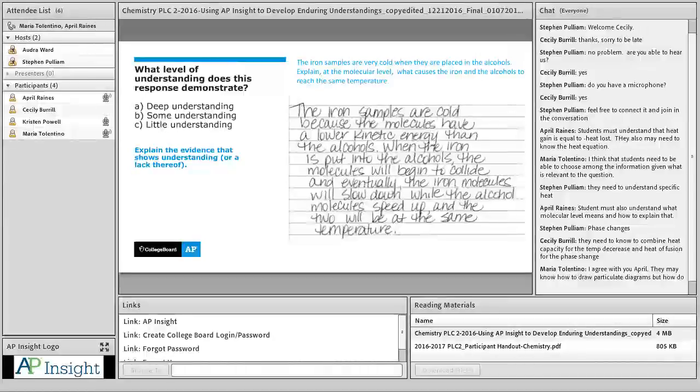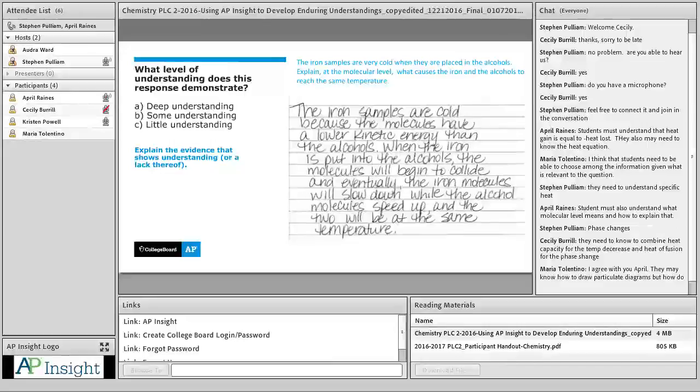It is as if the student has the perception that if I mention kinetic energy, my answer should be correct, without fully explaining it correctly. And they certainly started well.